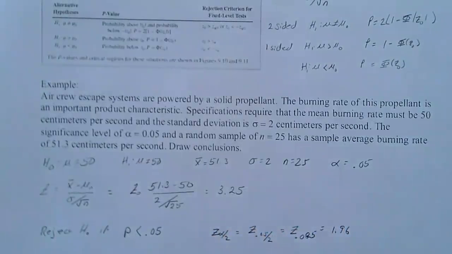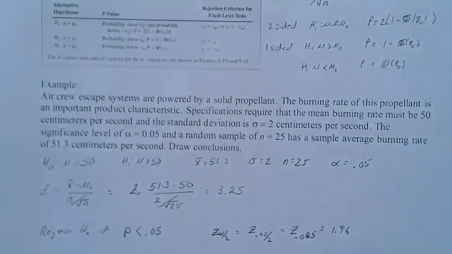And so we're going to look at our calculated z value. Our z naught was 3.25, and so we need to convert that into an actual p value. So then p is equal to 2 times 1 minus your z statistic for 3.25.